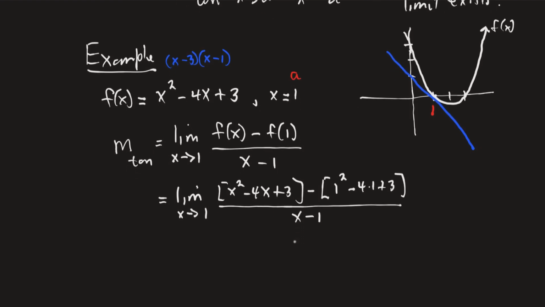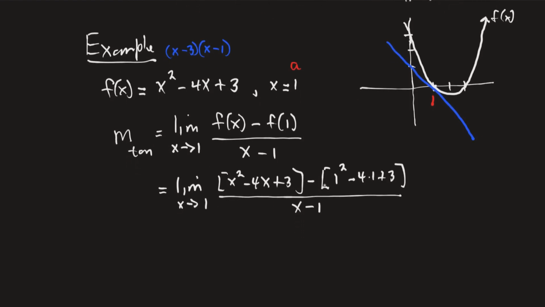All right? So definitely we can simplify the numerator quite a bit, right? So let's see this. So we have an x squared, we have a minus 4x, we have a plus 3. Let's see how this second pair of square brackets simplifies.